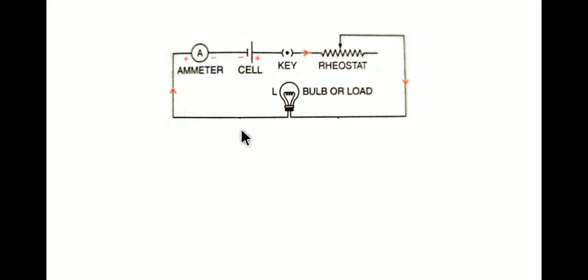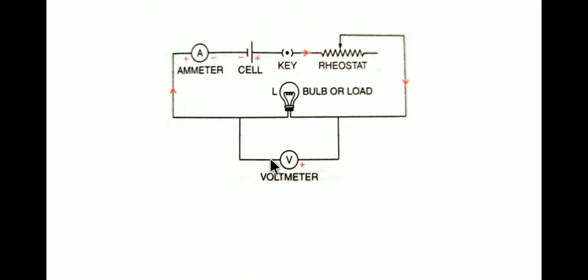And suppose over here, across the negative and the positive terminal, a voltmeter is connected. What will happen? The positive terminal of the voltmeter is connected out here, and the negative terminal goes that way and meets the negative terminal of the cell.